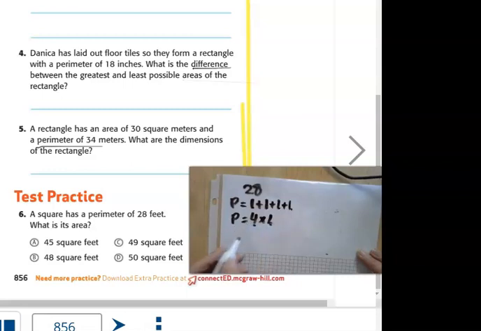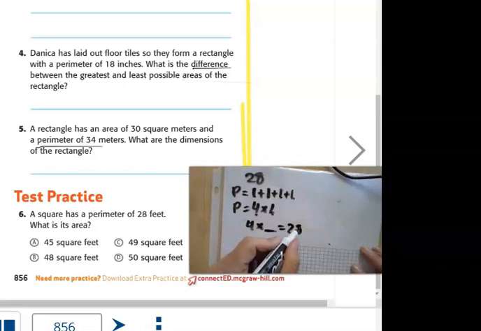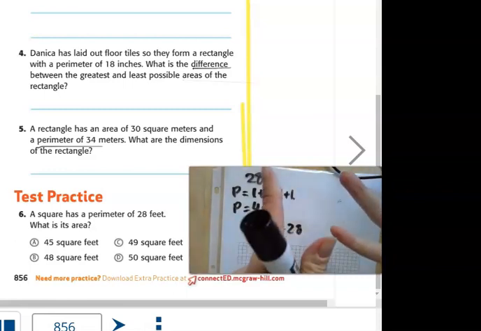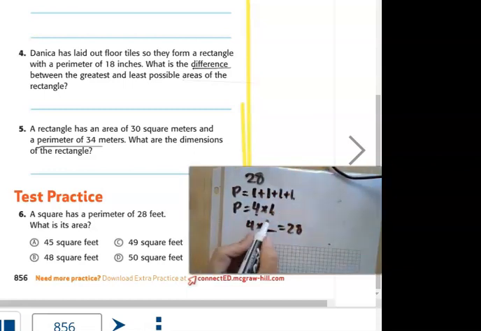So I can do 4 times something equals 28. And I can count by 4s or I can do my division. Either way, 4, 8, 12, 16, 20, 24, 28. That's 7. 4 times 7 is 28.